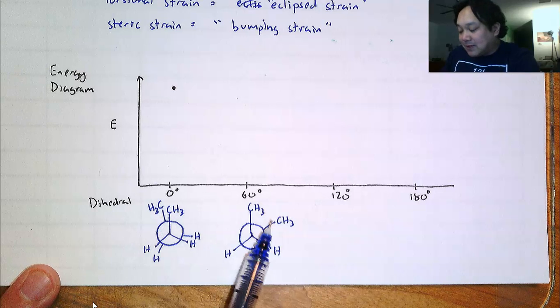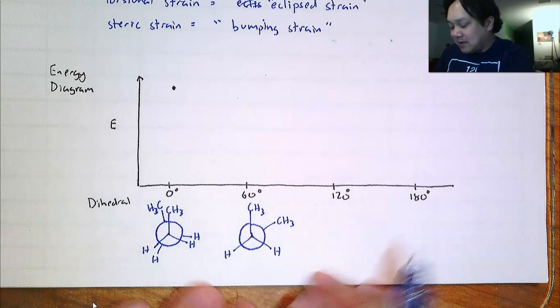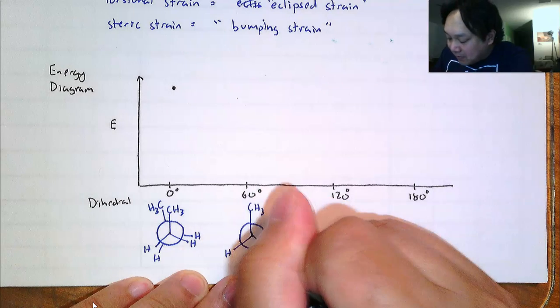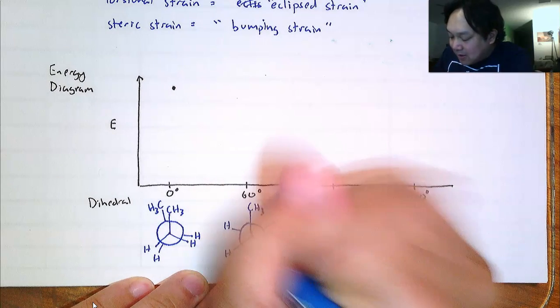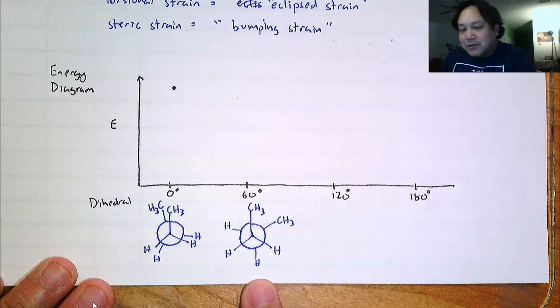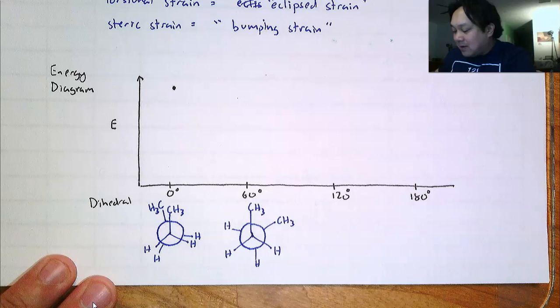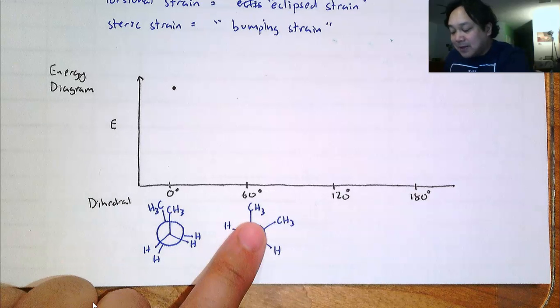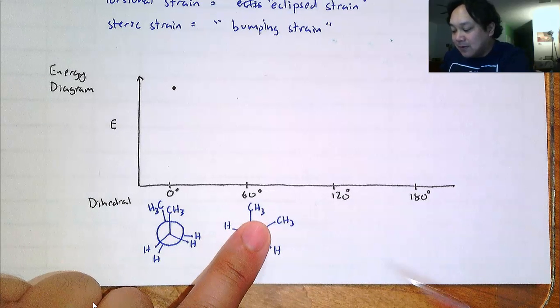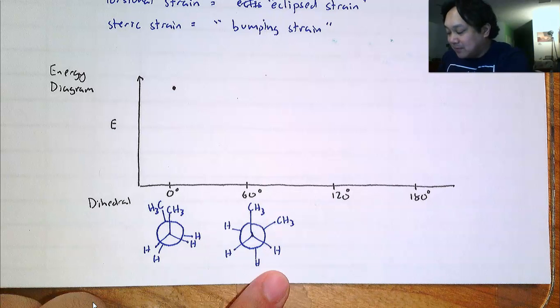So we move it 60 degrees to the 2 o'clock position. We have a staggered. But remember, is this the most stable staggered? It's the gauche. See how we have the two methyl groups close? Not eclipsed, just close in the staggered position.